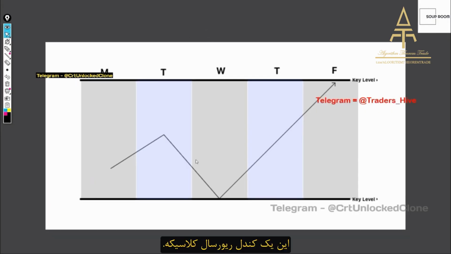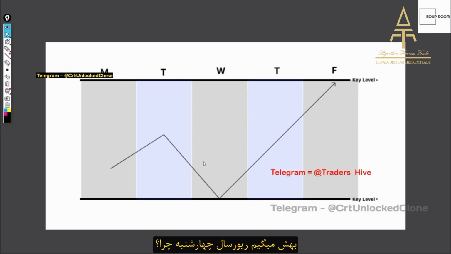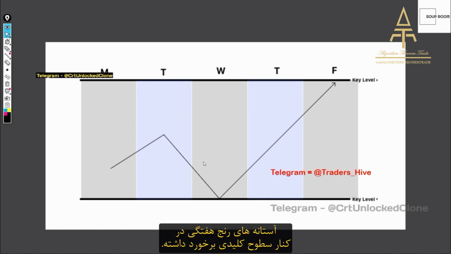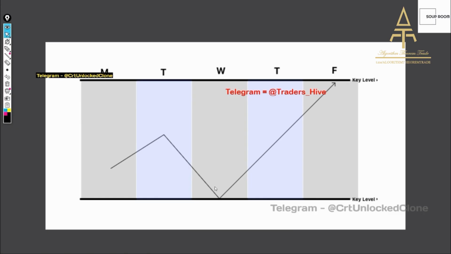This right here is a classic reversal candle. We call this the Wednesday reversal. Why? Because the reversal likely happens on Wednesday when the opposing end of a daily range has been hit, as well as a key level. All right, so Monday we have a small expansion.